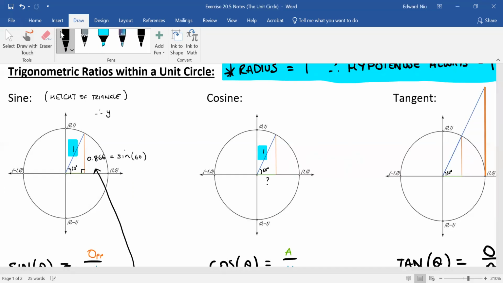So therefore y coordinate. Again, you'll learn about that later. Cosine is always the width of triangle. And we know anything that runs along the width is our sort of x coordinate.